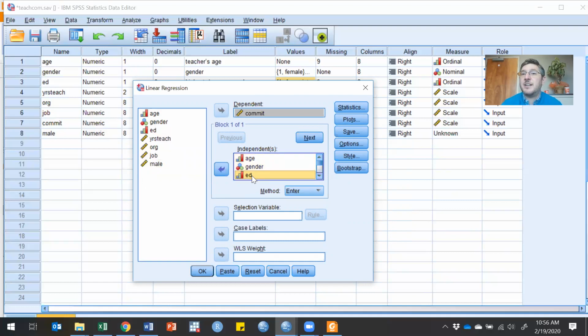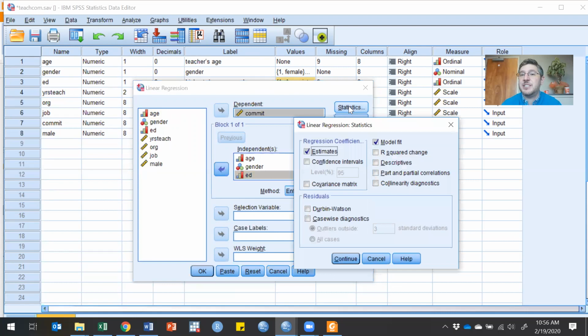Currently, if I enter education like this, SPSS is going to treat it as if it was a continuous variable. So the regression command in SPSS will only take dichotomous or binary variables or continuous variables. Any other type of categorical variable would need to be dummy coded before you put it into the analysis.